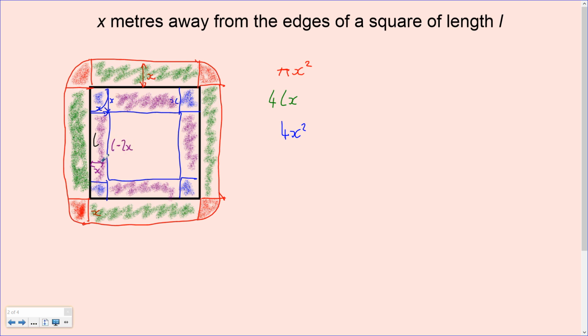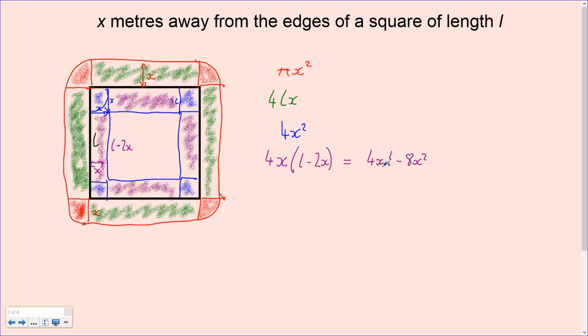So the total area of each of those rectangles is x, L subtract 2x. And there's 4 of them, so it'd be 4 lots of x, L minus 2x. So that would then expand and simplify to 4xL subtract 8x squared.